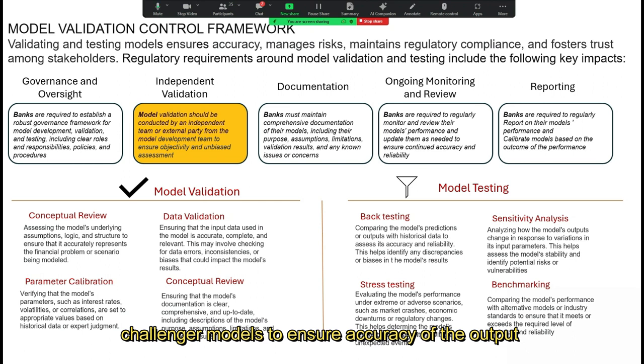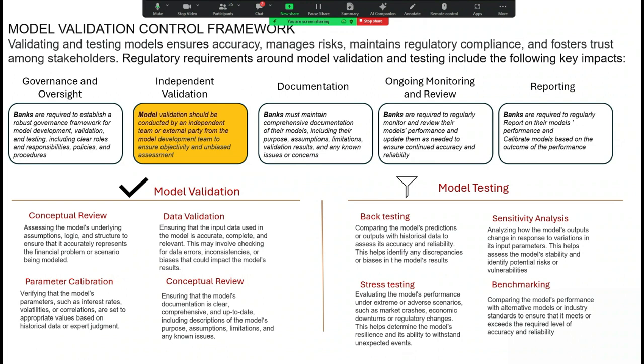Within the overall model governance, model validation has a very distinct role to play. Just as an overview, when we talk about model governance and oversight, banks are required by the regulators to establish a functioning and robust model governance framework.